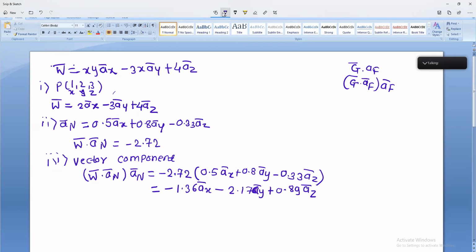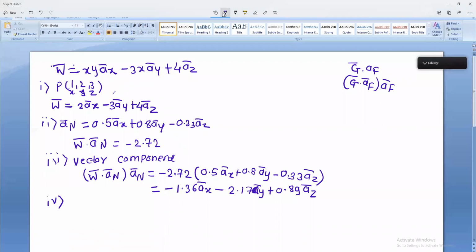So the vector component is obtained by multiplying the unit vector by the scalar component, which is given in this example. Okay, now the fourth question. The fourth one is the angle between W bar at P and a bar n.